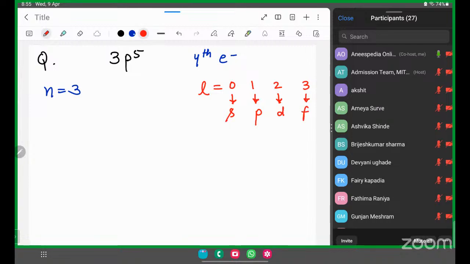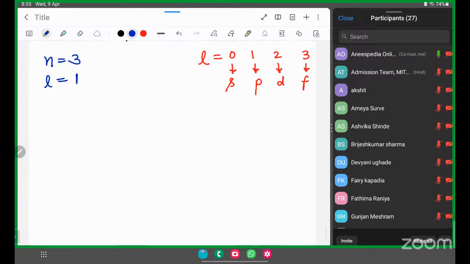So in this case, the value of n is 3. This is the principal quantum number n. What will be the value of L? Because we have a P subcell, the value of L will be 1. If L is 1, we can find the value of M, which is given by minus L to plus L. So M will be minus 1, 0 and plus 1.